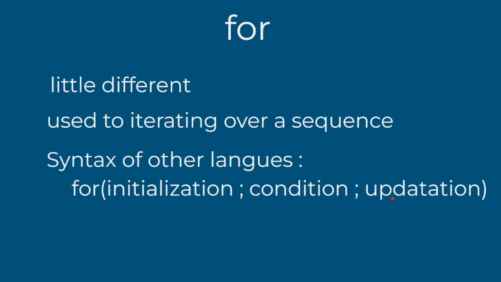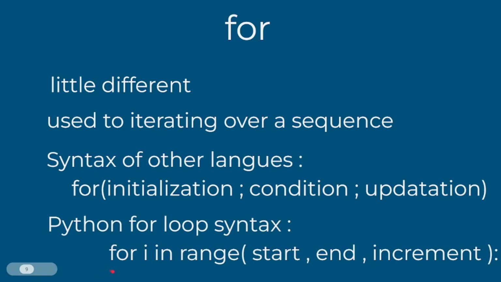But in Python, the for loop syntax is for keyword followed by the looping variable, then in keyword, and then the range function. The range function takes two parameters, the third one is optional, so it takes start parameter, end parameter, and increment. Increment value parameter is optional.